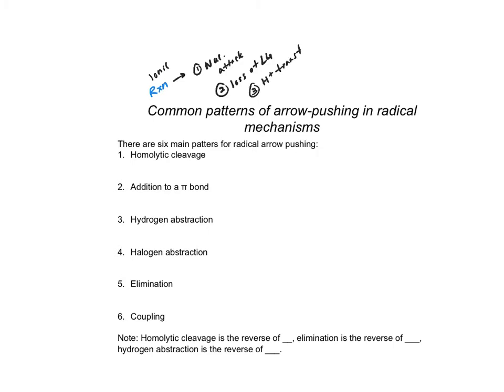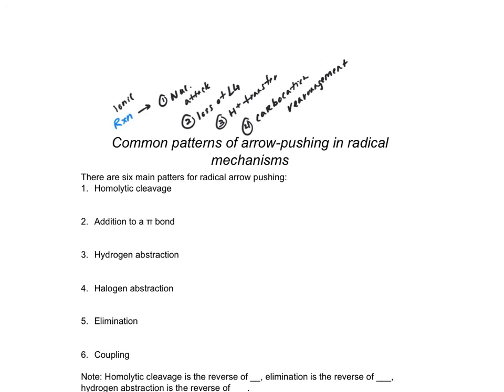We learned that pattern with the arrow pushing. And then our last ionic reaction arrow pushing pattern was carbocation rearrangement. Right, so these are the four basic patterns that we learned for our ionic reactions.